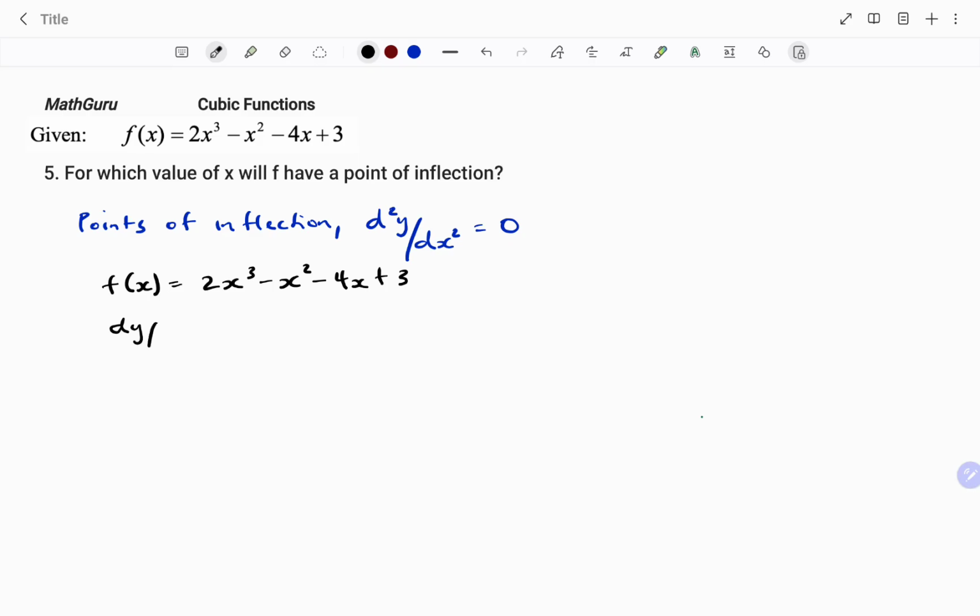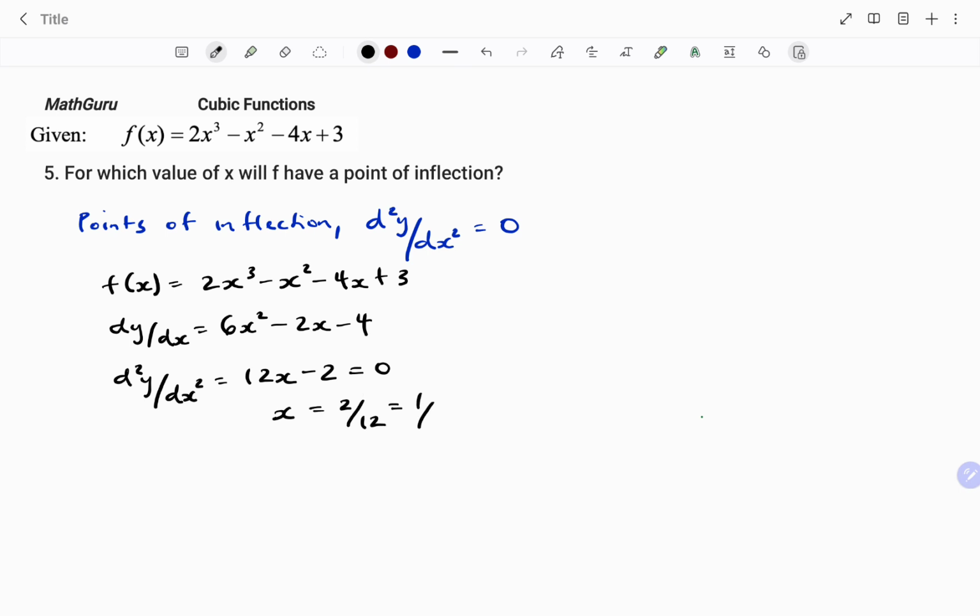The first derivative gives us 6x squared minus 2x minus 4. The second derivative, d squared y over dx squared, will be 12x minus 2, which we equate to 0. If we solve for x, x will be positive 2 over 12, which is 1 over 6.